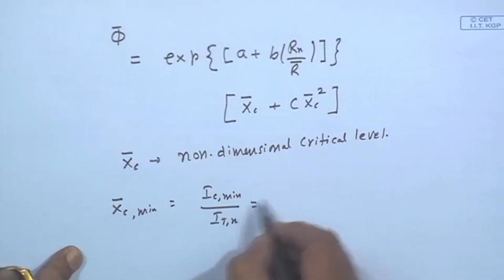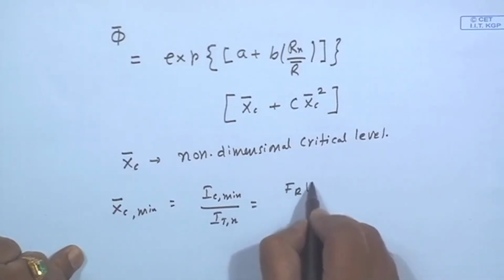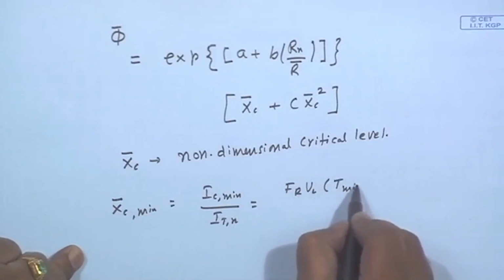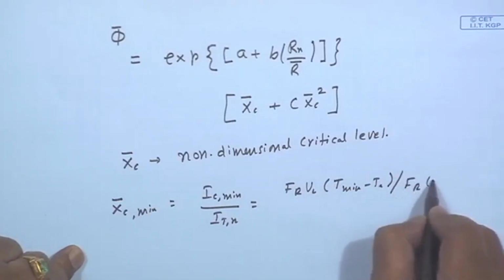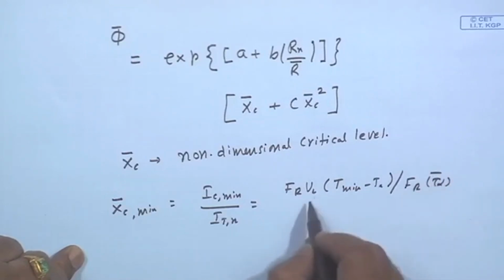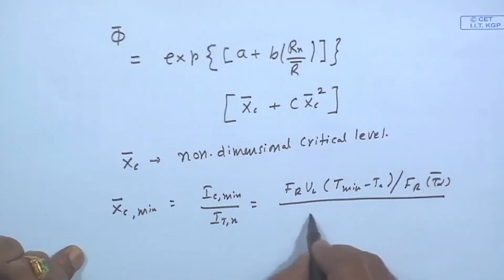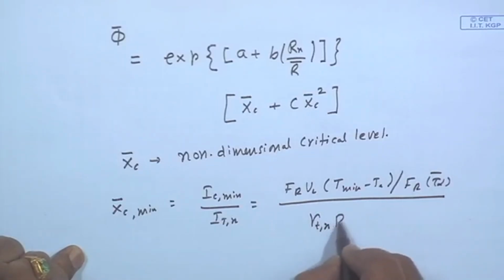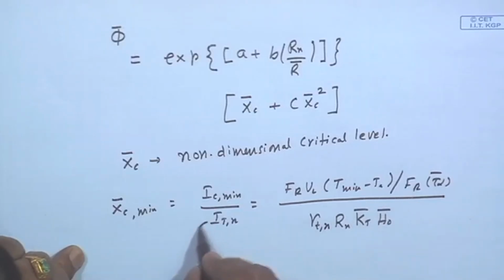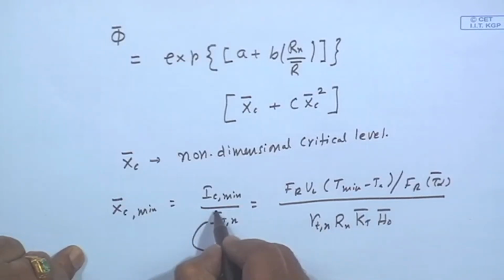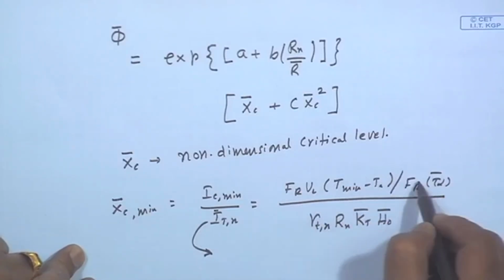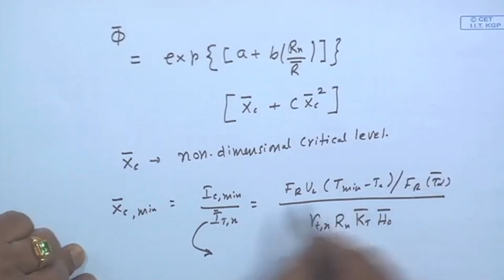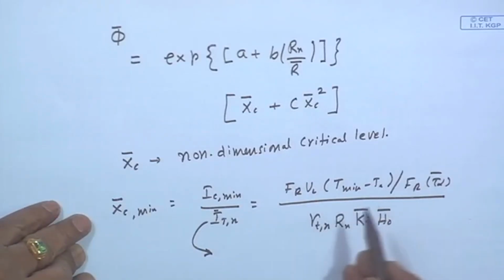this is nothing but the critical radiation level, divided by rt at noon time times KT bar H0 bar. I have not written the time factor, note this. This is the solar radiation on the monthly average day at the noon time, with which I am comparing the critical radiation level. So, this can be more than 1 or less than 1.